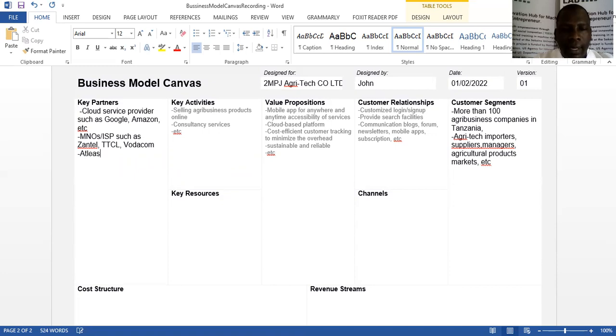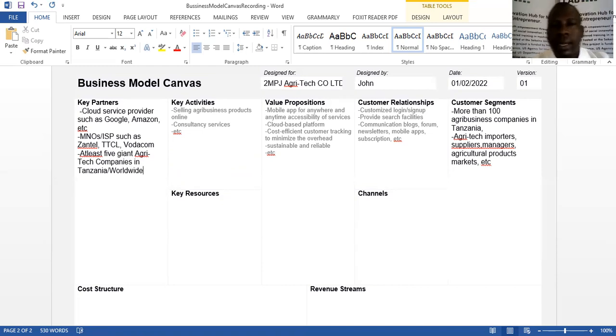And probably you could say you need to partner with at least 5 giant, leading agri-tech companies in Tanzania, or worldwide if possible.